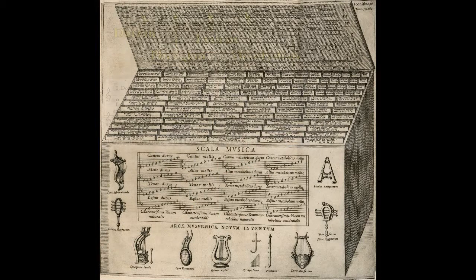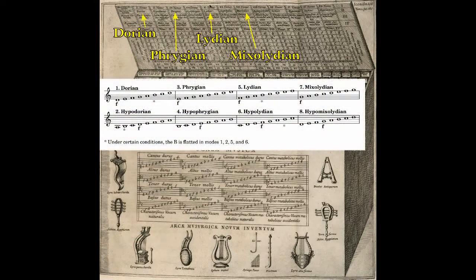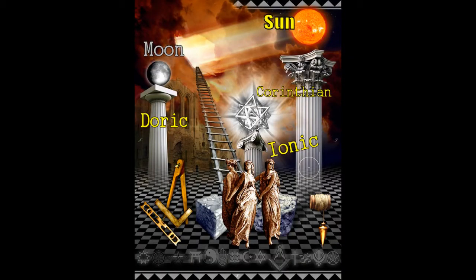Now, apart from having the instruments there as well, including wind and string, percussion as well, that's an important part, but he also highlights the different musical modes, including, I don't think I've actually highlighted it there, I should have, the Dorian and the Ionian, or the Doric and the Ionic.